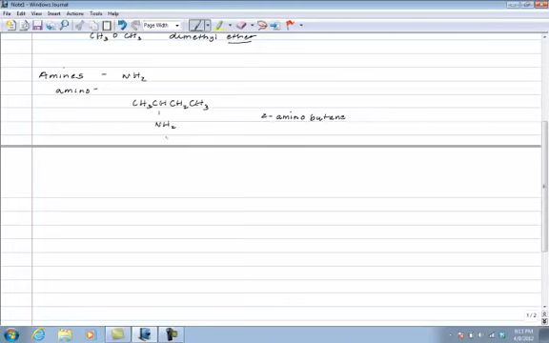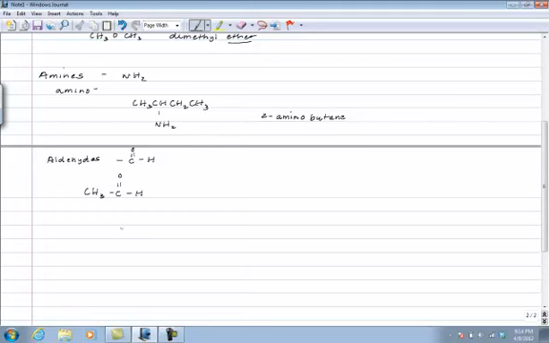The next one we're going to look at is an aldehyde. An aldehyde is a carbon with a double bond O and a hydrogen at the end. An example would be CH3, CH double bond O. This would be the simplest aldehyde.